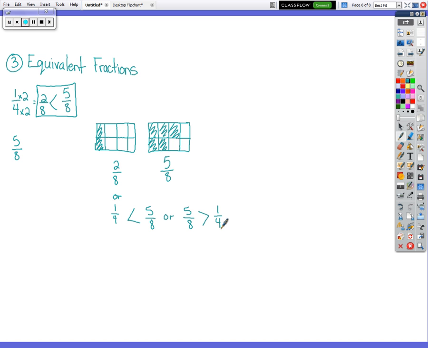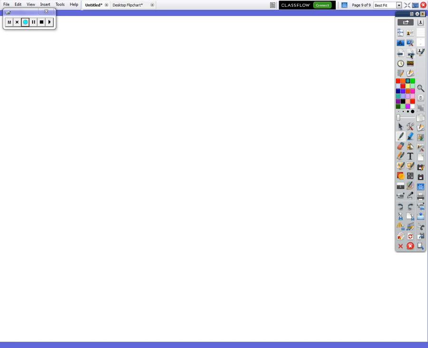My 4th strategy is one we talked about yesterday, the number line. You can put them on a number line to see which is greater and which is less. You need to make those number lines as close as possible, and you may rather do it on one number line.